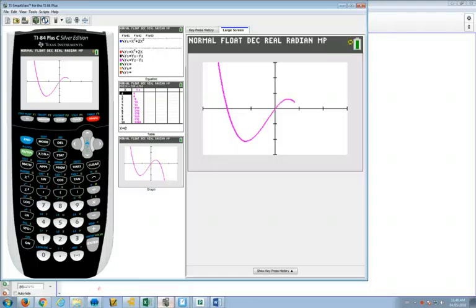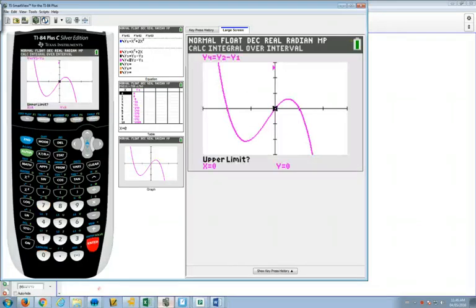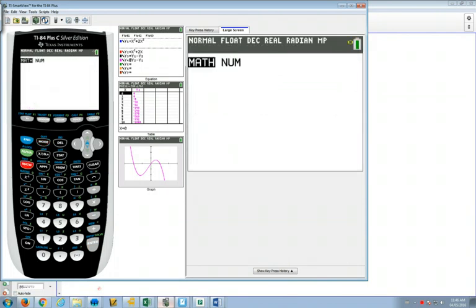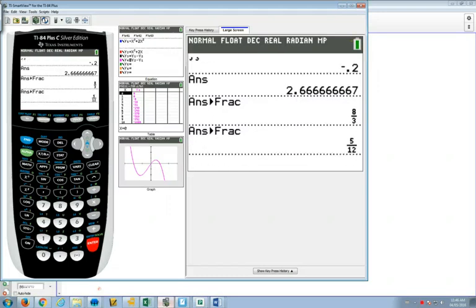Because now this is the other graph, subtract the first graph, and now we can find, second, calculate, the integral from 0 to 1. And that should equal 5/12. So if I go out of here and change that answer to a fraction, sure enough, it equals 5/12.